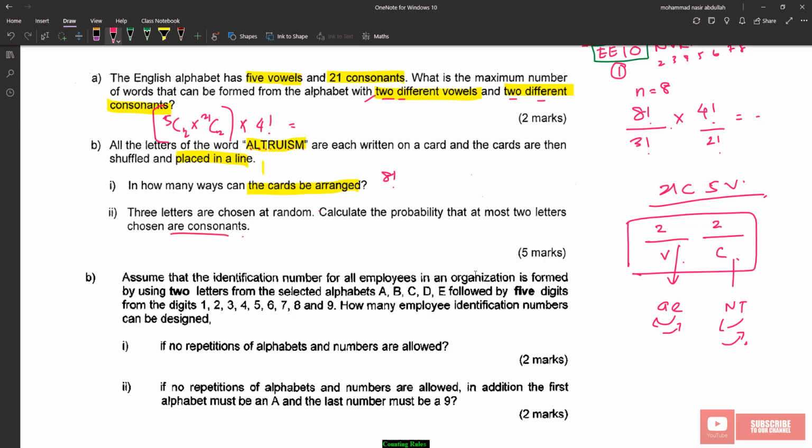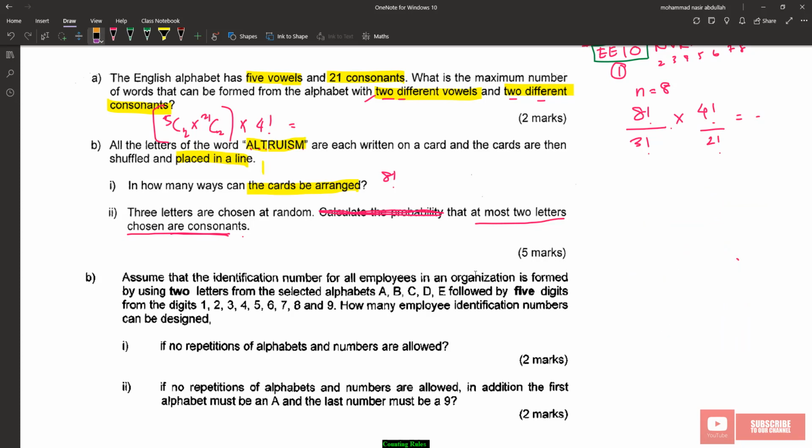So now, hold on, the probability, right? We want to see at most 2 of the letters chosen are consonants. Right. The word ALTRUISM looks messy, so I need to erase a bit. Alright. So we want to do this. ALTRUISM.